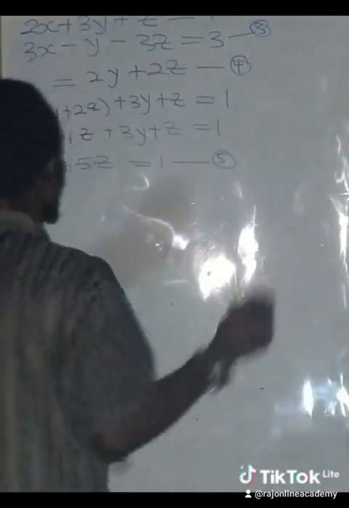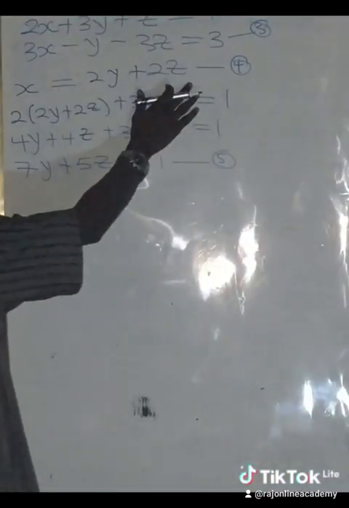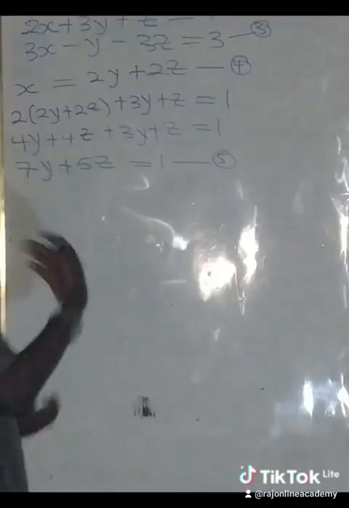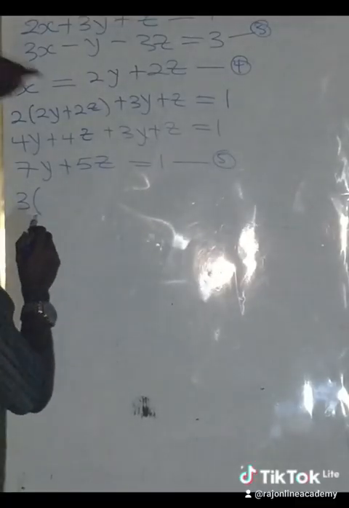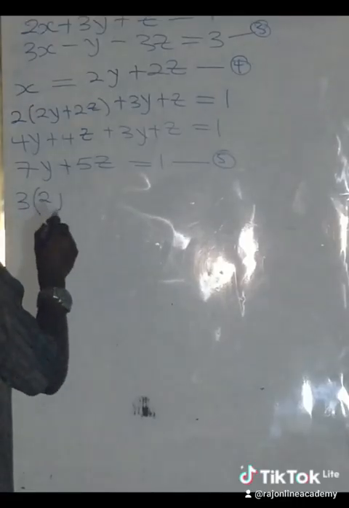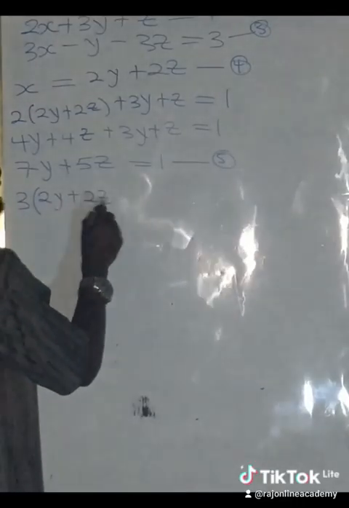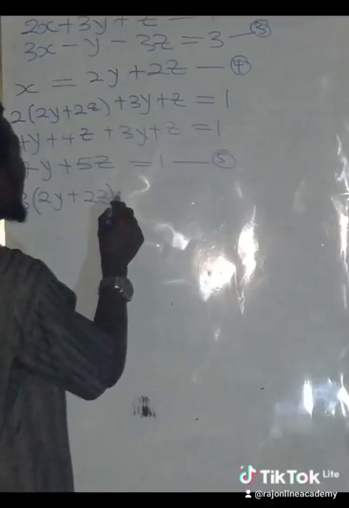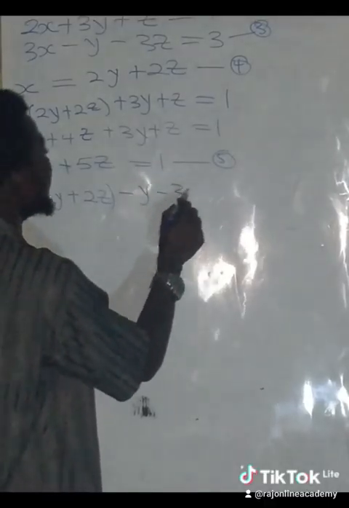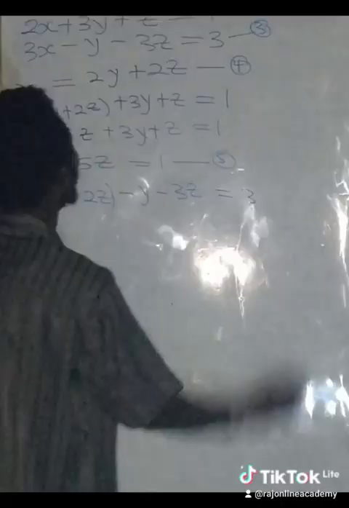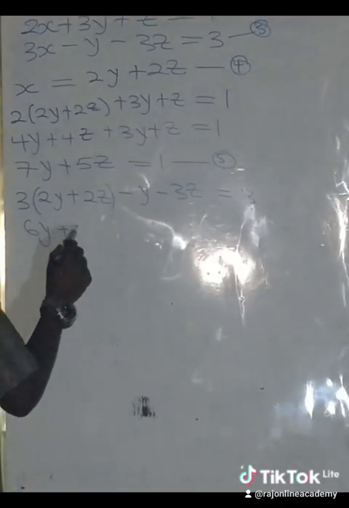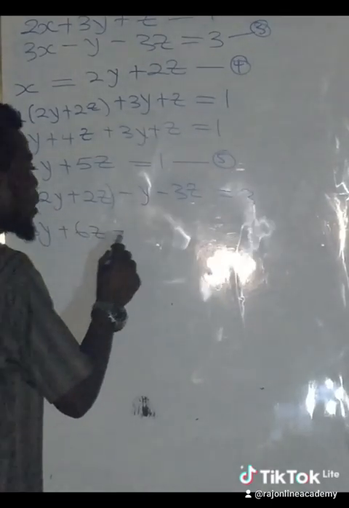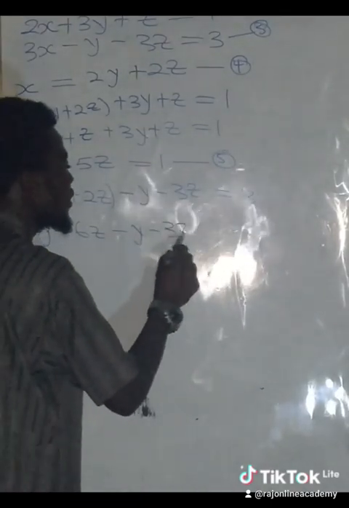Yes, sir. So we go. Now take equation 4 and substitute into equation 3. We say this is 3 into x, but we already know the value of x, right? 2y plus 2z. Now minus y minus 3z equals 3. 3 times 2y, what do you have? 6y, plus 3 times 2z is 6z, minus y minus 3z equals 3.